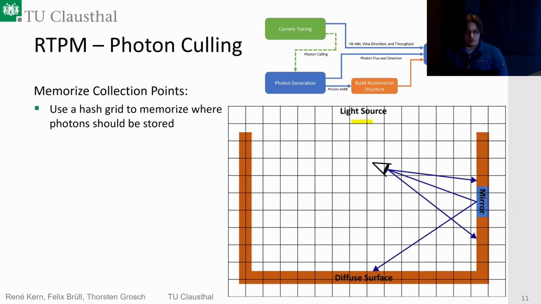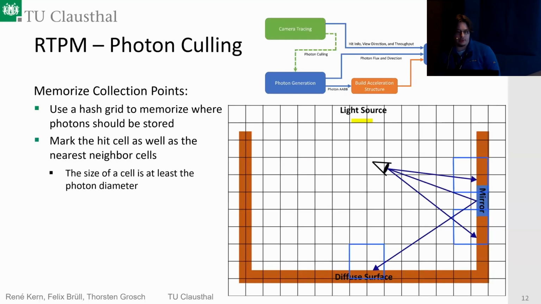So we used a hash grid to remember the positions where we actually collect the photons. Luckily, we already have the camera information from our camera tracing pass and can use this to mark the cells of the hash grid where we actually want to collect photons. Because the grid is static, of course, we need to mark multiple cells.